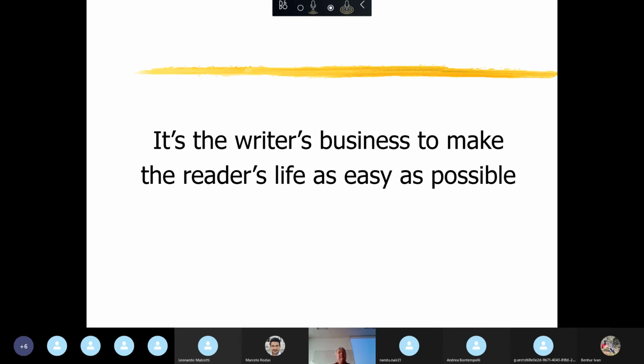The good news is that the only way to do this exercise is to really put yourself in the shoes of the reader. You have to really make a major effort in stopping thinking of your work as your work, right?